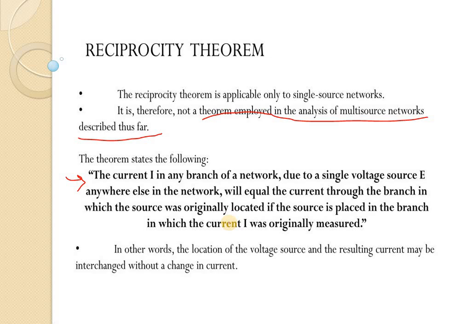That means if we interchange the position of the voltage source with the current measuring branch, the same amount of current flows. This will be easier to understand through some examples.